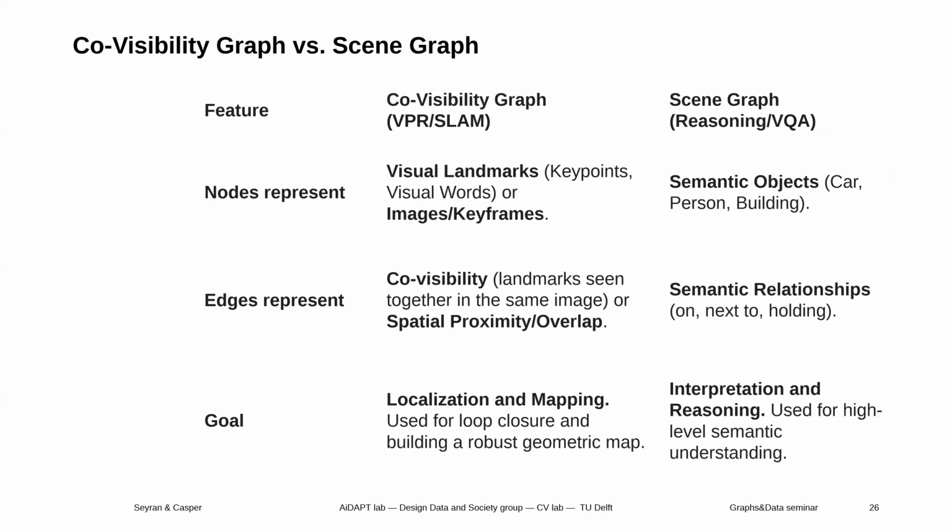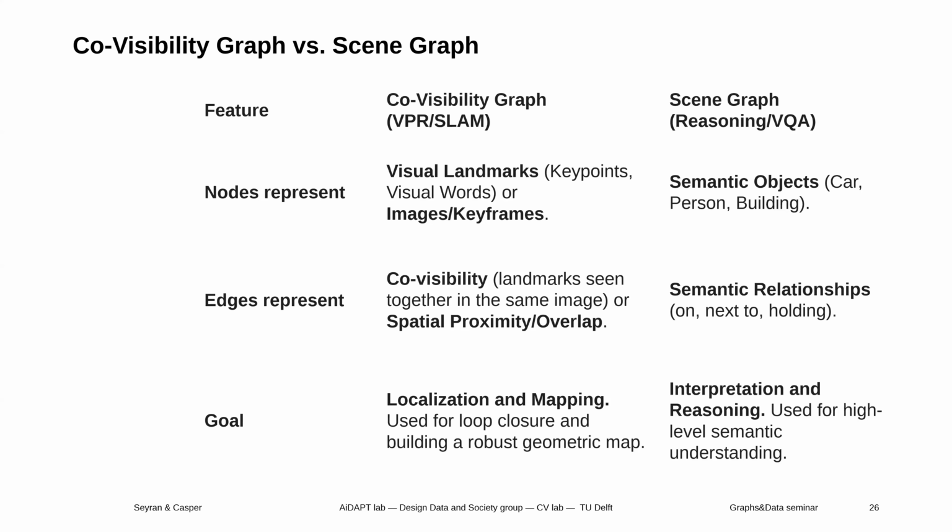And just to put things in perspective, these are two things that I've seen a lot in computer vision research: co-visibility graph and scene graph. They both use graphs, but they are inherently different, because in a scene graph, as we saw, what matters is the semantic information layer in relation to other semantic objects in the scene, and also their local locations there.